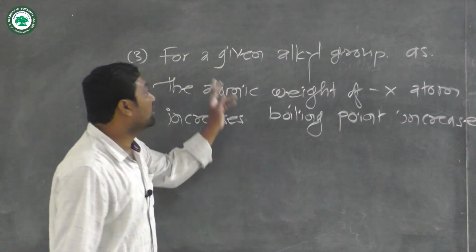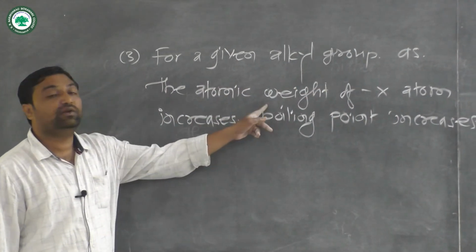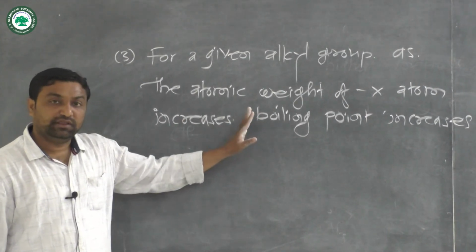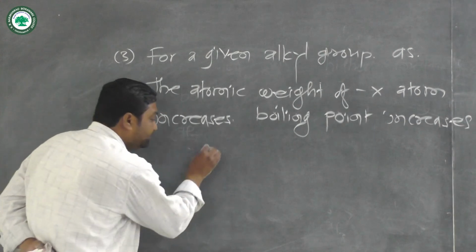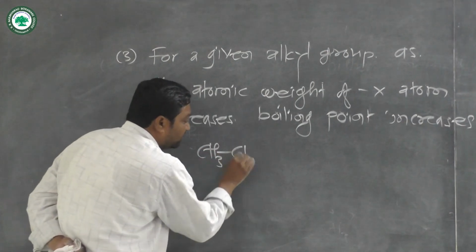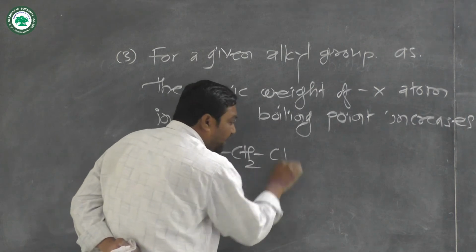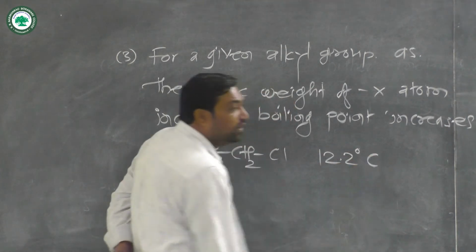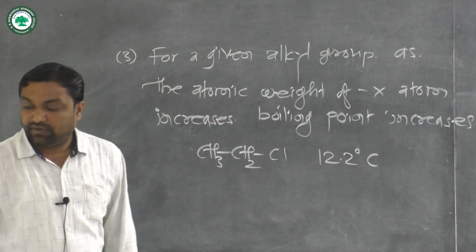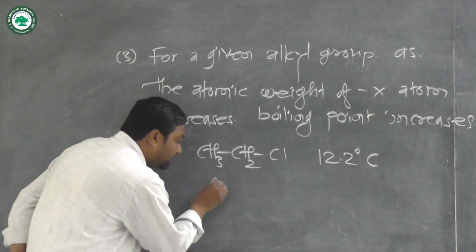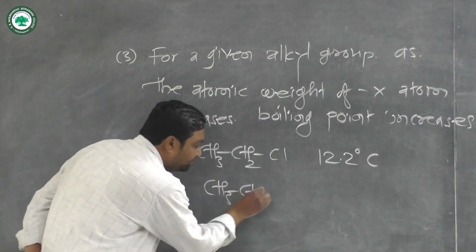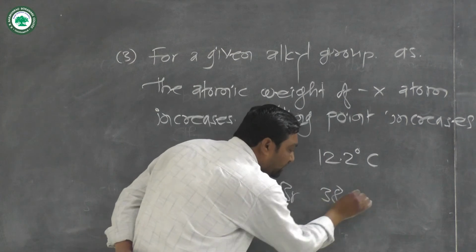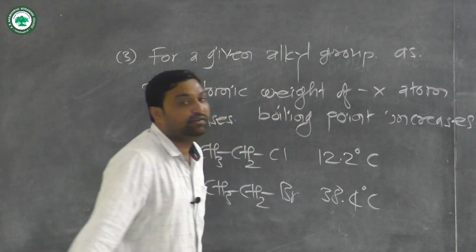As the atomic weight of the halogen atom increases, its boiling point also increases. For example, ethyl chloride has a boiling point equal to 12.2 degrees Celsius, whereas ethyl bromide has a boiling point equal to 38.4 degrees Celsius.